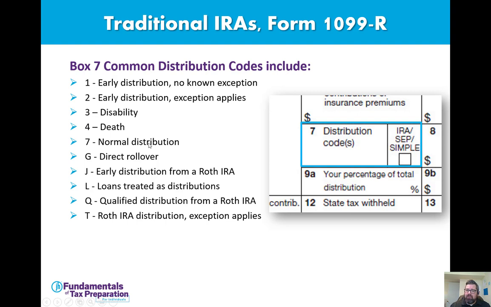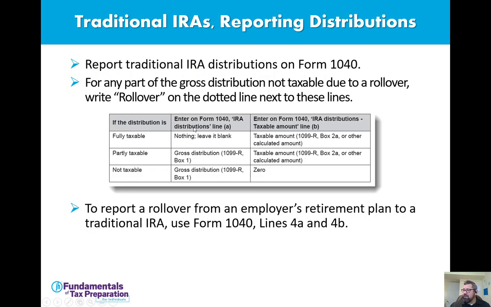They are helpful to know, but it's not crucial because all you're doing is taking the information from the 1099-R form and putting it into this box, or well, you'll see this box in Profiler. Okay, so you take it from the form you're holding, put it into the box in Profiler, and it is handled.